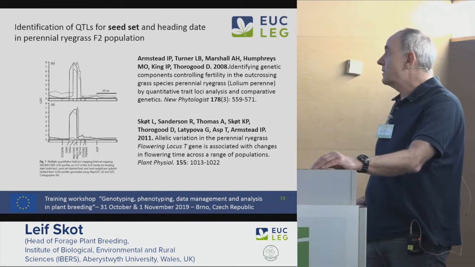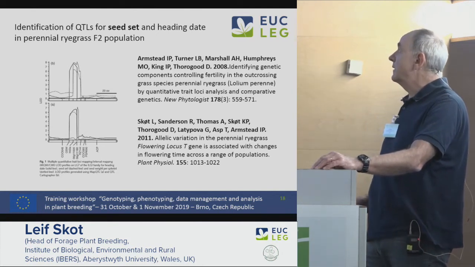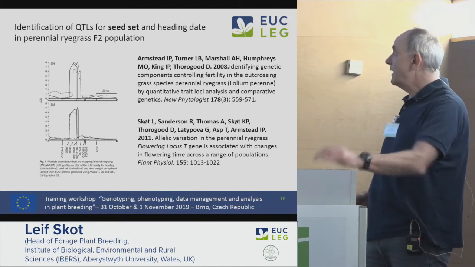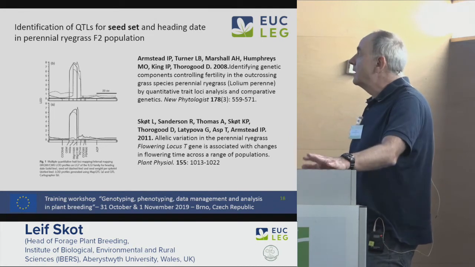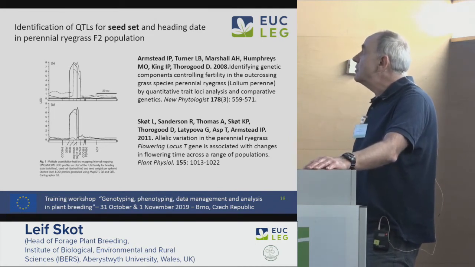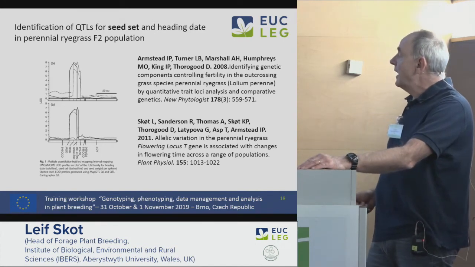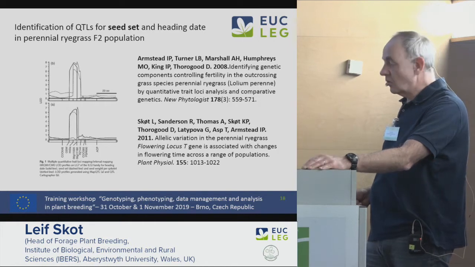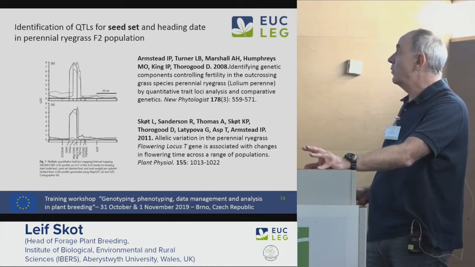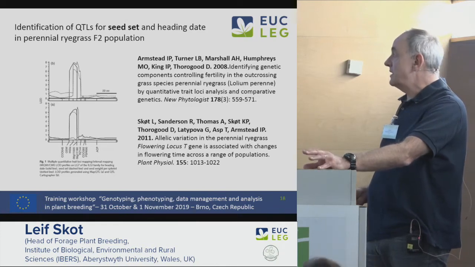So some work was done in the 2000s that identified some QTLs using populations that we had available at IBERS, and also identified another one, or QTLs, both for heading date and for seed set.